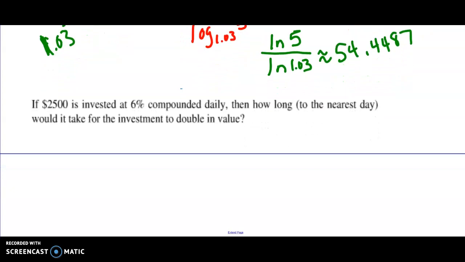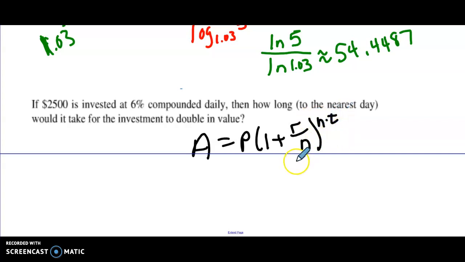If $2,500 is invested at 6% compounded daily, then how long to the nearest day would it take the investment to double? Okay, so we're going to have to use our formula here that we've been using. The amount equals principal times 1 plus the interest rate over the number of times per year that it is compounded, to the nt, where t is the number of years.